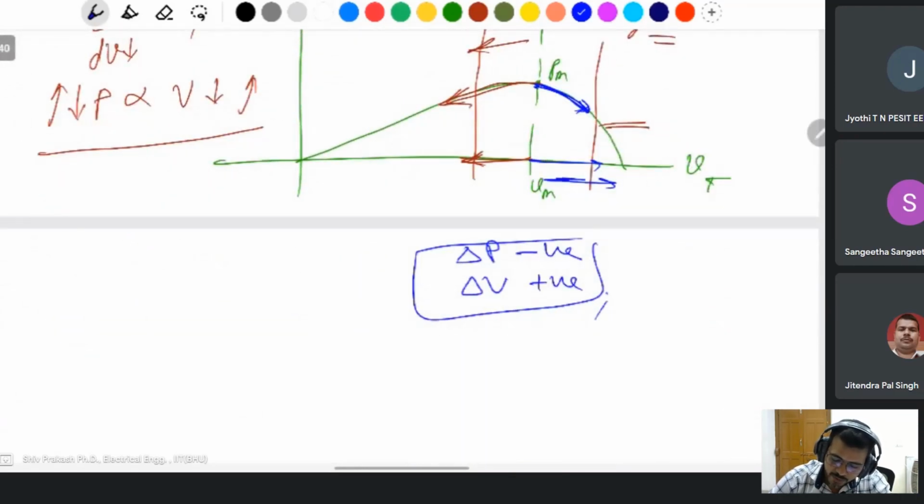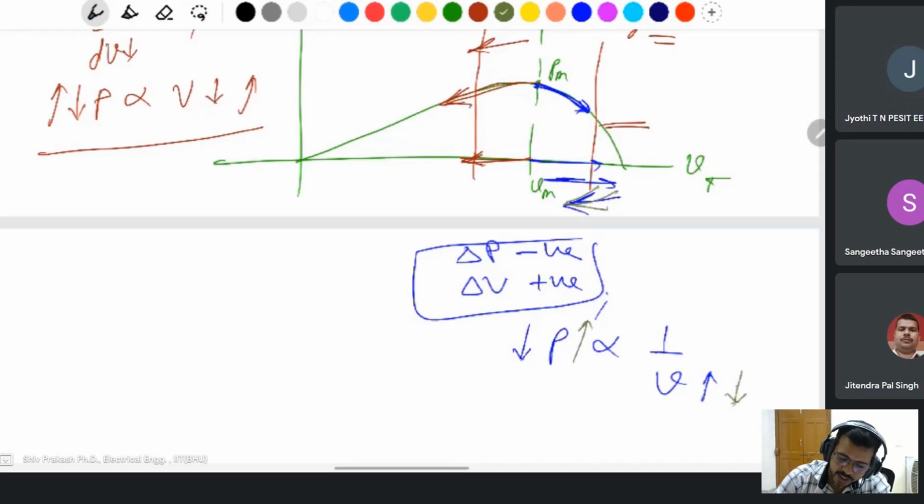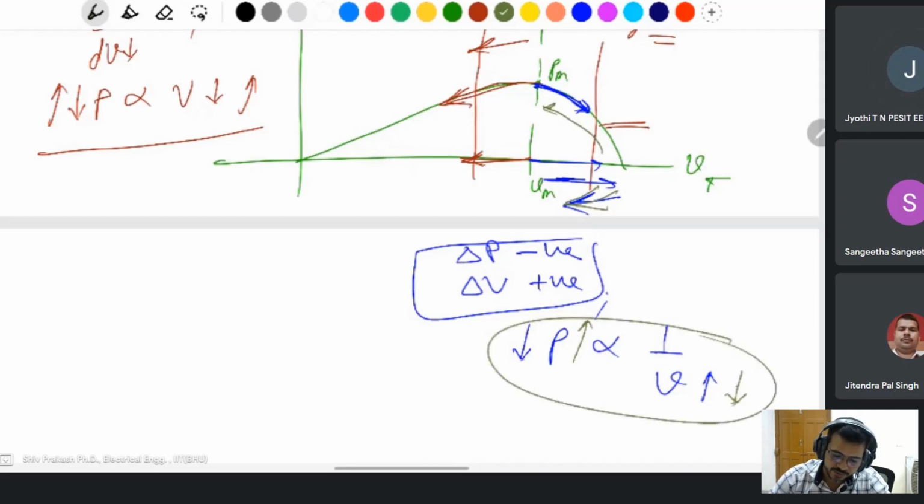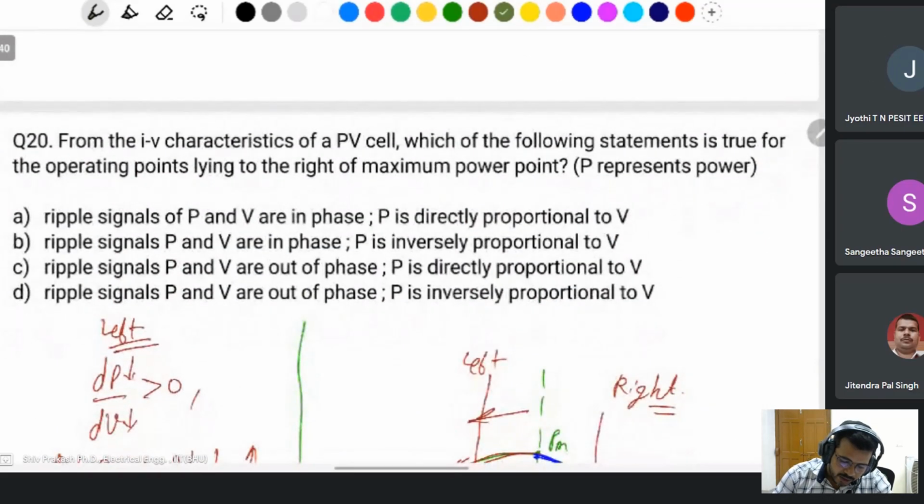If out of phase, it means you can say P is inversely proportional to the voltage. If voltage is increased, power will be decreased. But if voltage is decreased, then power will be increased. This will be inversely proportional. It is talking about the right of the maximum power point.